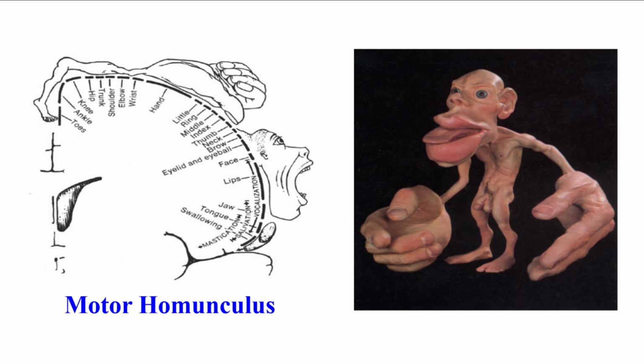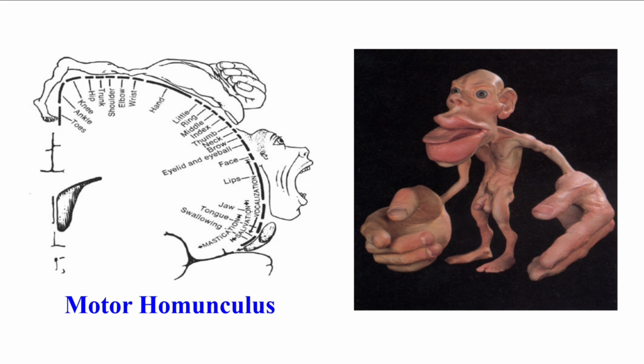Another thing you can observe is that the size of the different parts of the body is not according to their anatomical size, but according to their functional importance. So you have a very big mouth area and hand area. Those parts of the body which are involved in fine and skilled movements, like tongue, lips, fingers and hands, occupy larger areas.